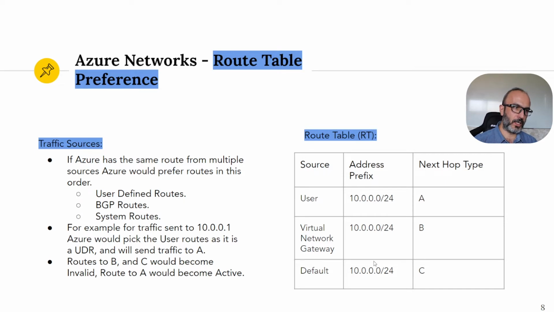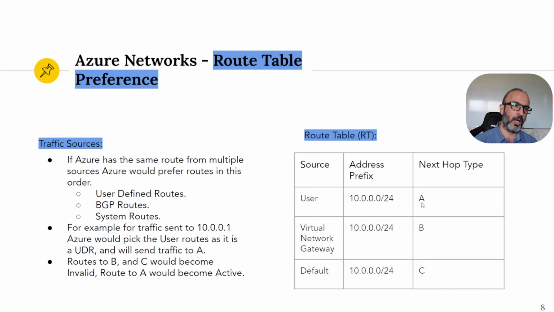So in our case here, if we want to send traffic to 10.0.0.1, and Azure knows about three possible routes to a destination, they are all the same length. Azure would prefer the user-defined route first, and then would go to the virtual network gateway, which is the BGP route, and then finally it will use the system route.